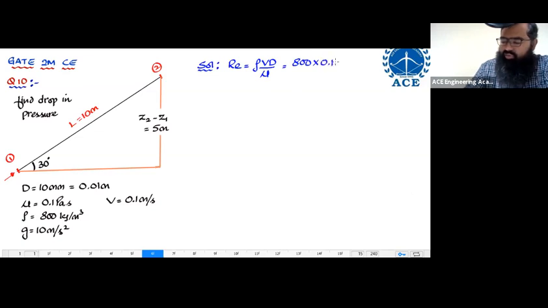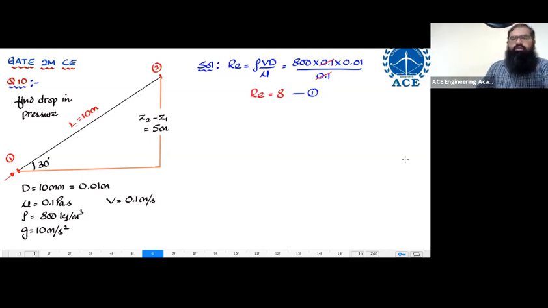Velocity is 0.1, diameter is 0.01, mu is 0.1. 0.1 and 0.1 cancel off, and 0.01 consumes two zeros from 800. That means the value of Reynolds number is equal to 8. This is equation 1. Reynolds number is equal to 8. Check, you must be getting the same value. Please be quick.